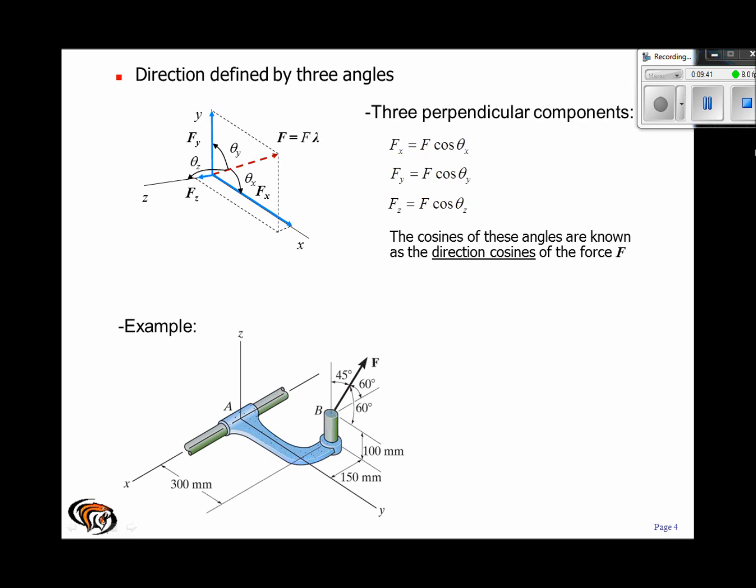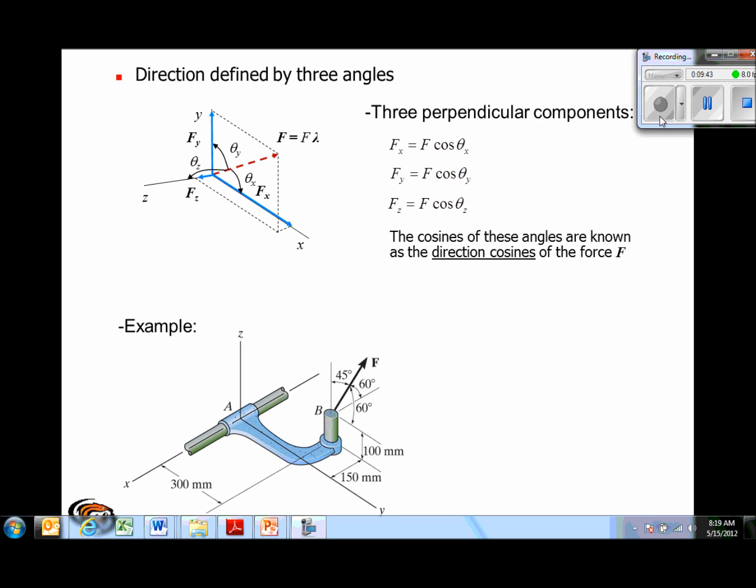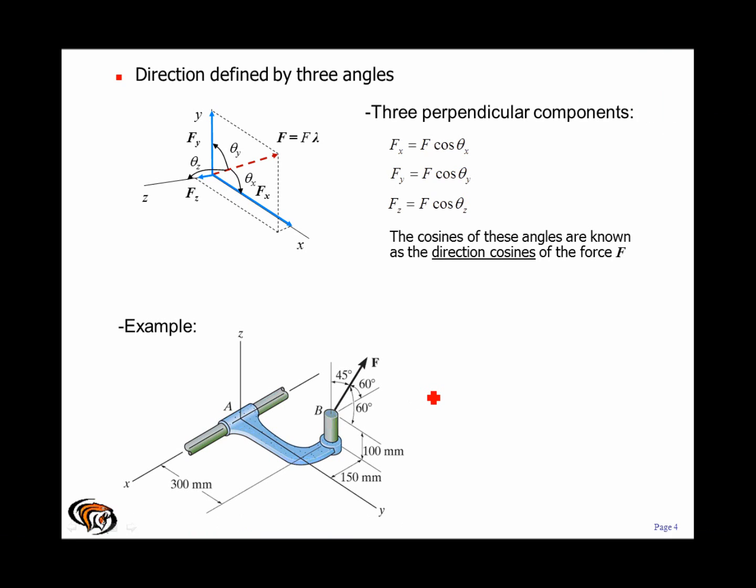So here's an example. Once again, we want to move the coordinate system to the point where the force is applied. So this is my z-axis, my y-axis, and my x-axis. Notice that the angle for the x is actually with respect to negative x, so we have to be consistent.